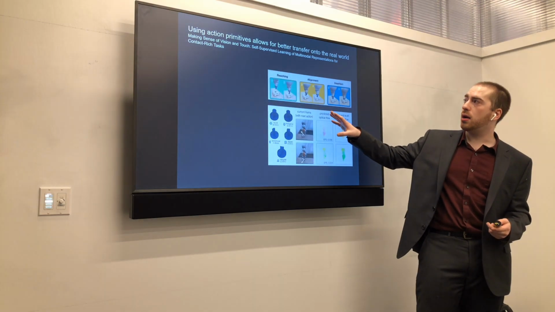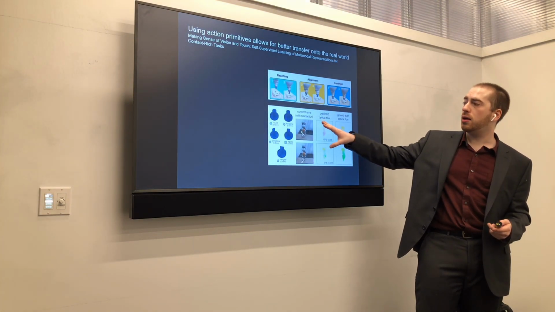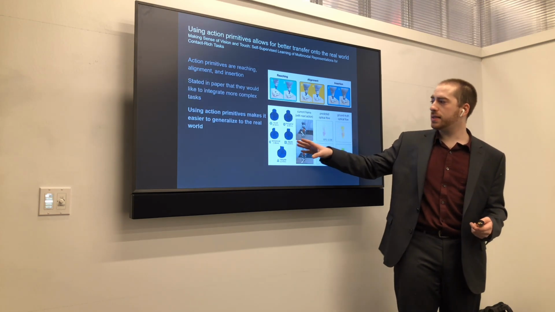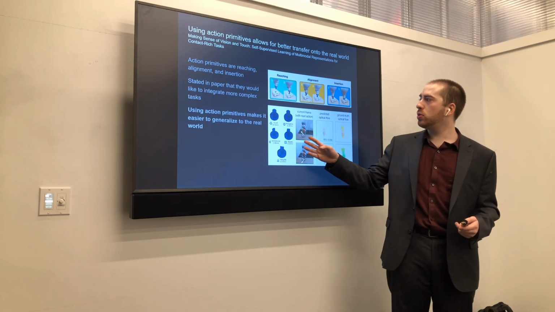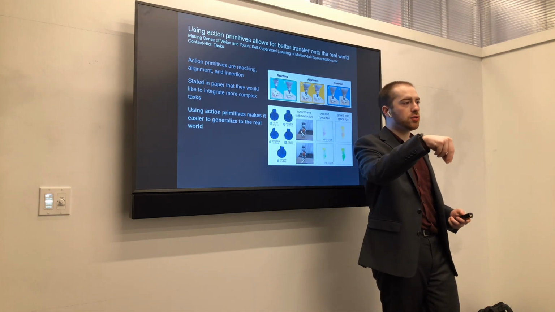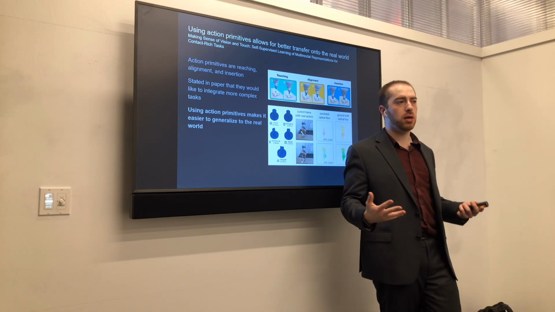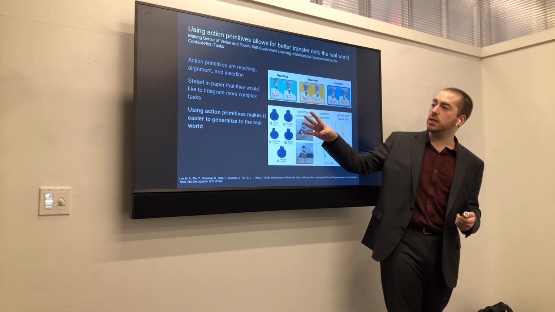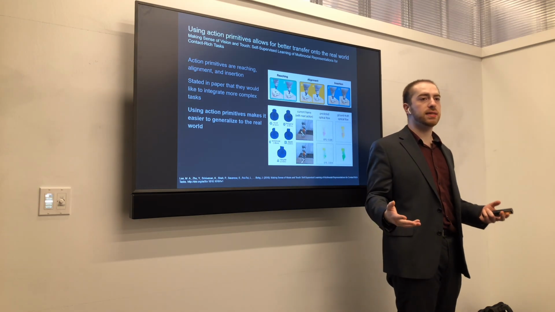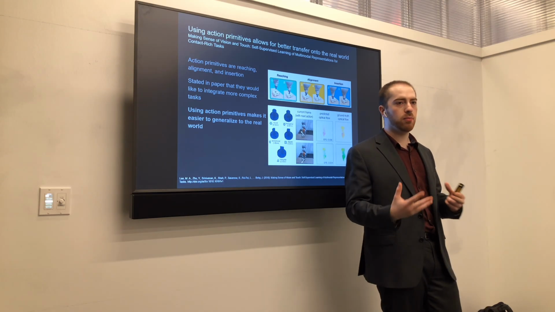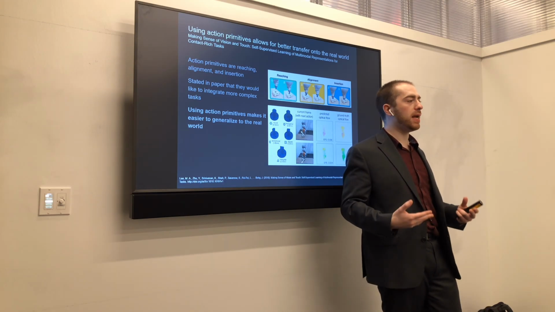Another paper by Jeannette Bohg was using action primitives to train an agent. And basically they had a peg-in-hole task that was just trying to figure out in Cartesian space, how do I actually place a peg in a hole? Very simple, but they were able to show that using these action primitives, there was a zero-shot translation onto the real world because they randomized the domain of the input.